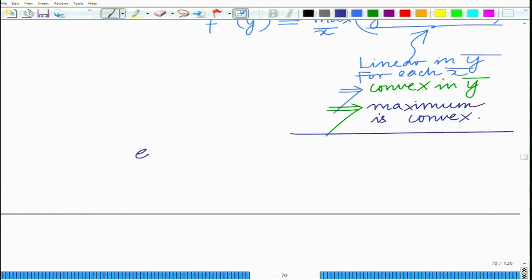Okay. Let us take an example of this conjugate function.